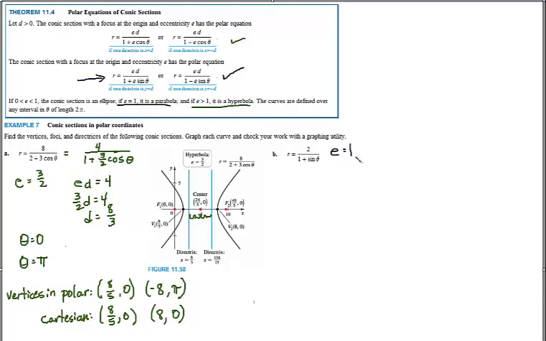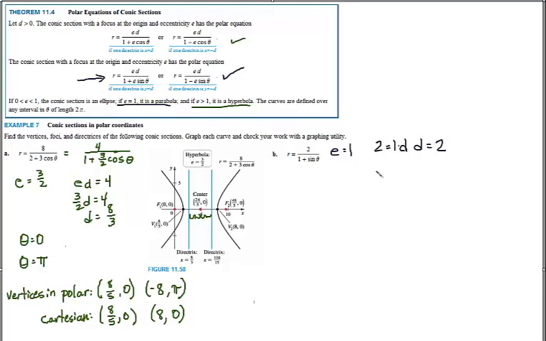I know that my directrix, so let's write down that 2 equals e times d, so that's 1 times d, so my directrix must equal 2, so it is a horizontal line at y equals 2. It must be a parabola going downward because of the plus sign in the denominator. If it were this one, it would be a parabola going up. So it's a parabola opening down.